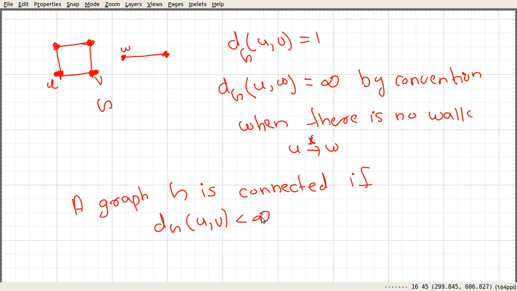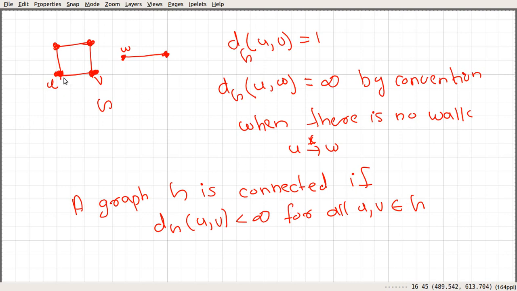So we have a finite distance between each and every pair of vertices, for all U, V elements of the graph G. If the distance is finite, less than infinity, we say that the graph is connected.